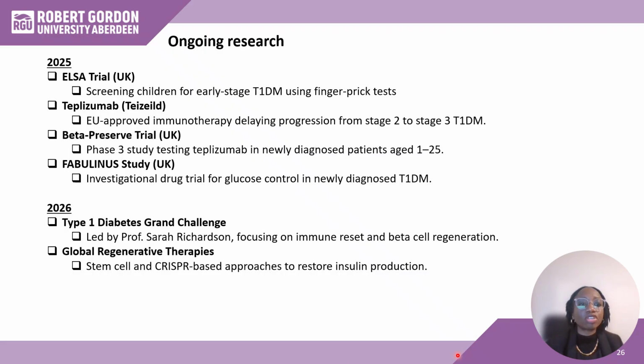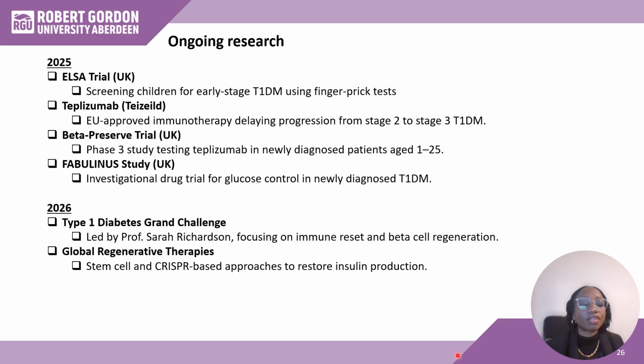And then there's also an EU-approved immunotherapy to delay the progress from stage 2 to stage 3 type 1 diabetes. This is how they're trying to preserve that beta cell functionality, with a drug called teplizumab. And then we have the Beta Preserve trial, which is now a phase 3 trial testing teplizumab in newly diagnosed patients aged 1 to 25.